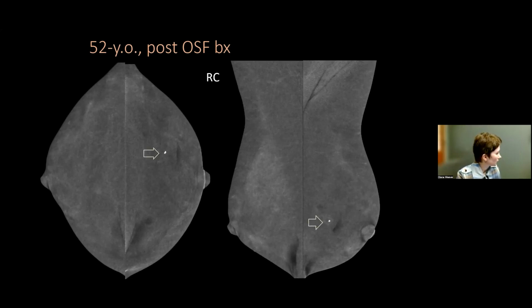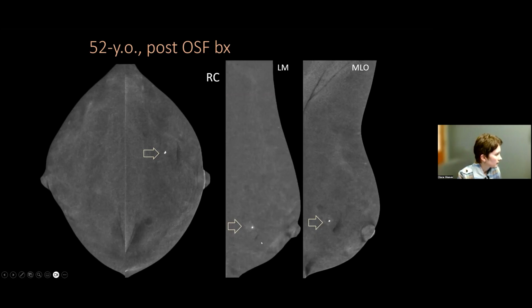So this is her recent biopsy site. And really nothing on the right in the area of that mammographic mass. Maybe we can make out some little rim enhancement or an eclipse sign, but not very definite.